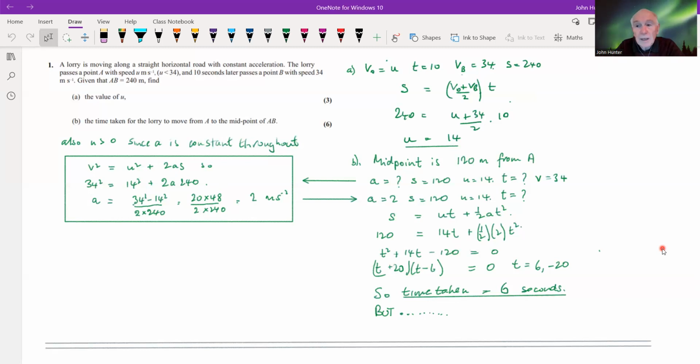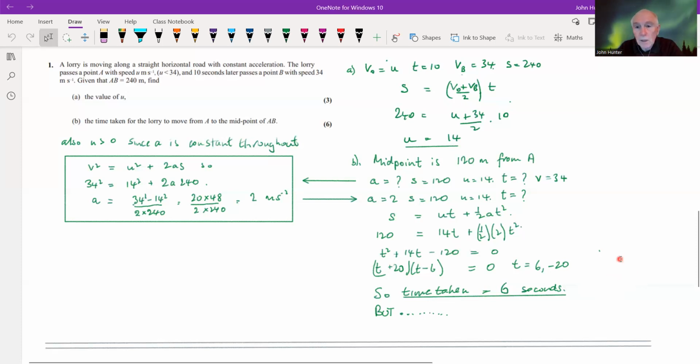So it may well be that it is relevant in some circumstances to have a negative value of t. Got to look at the problem and see whether or not that makes sense. But in this question, basically, it's just t equals 6 seconds is our solution.